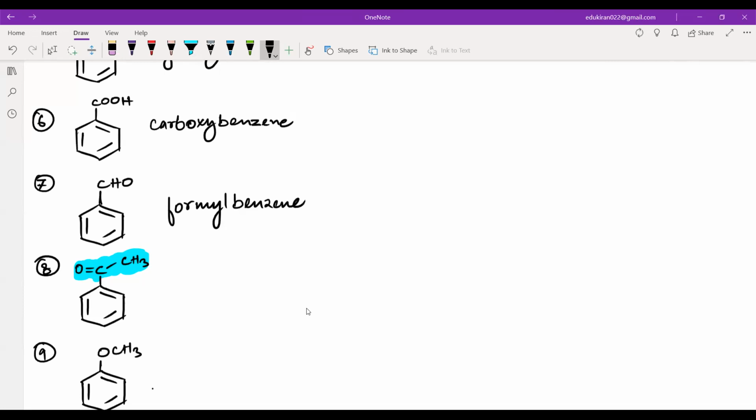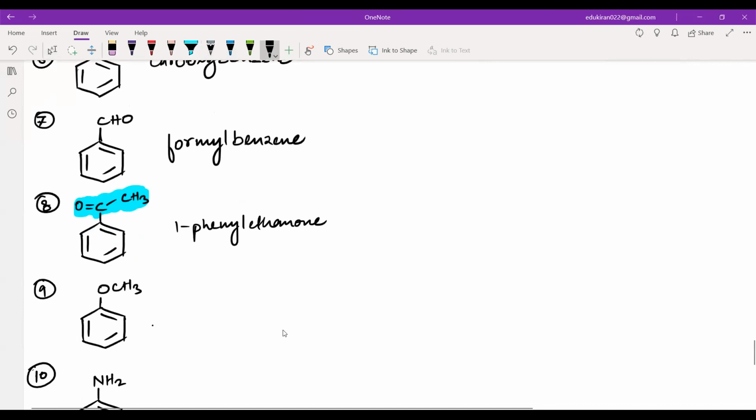How are we going to name this? So what you will do, you will take this as the main chain, and when benzene is attached as a substituent, you will name it as 1-phenyl ethanol.